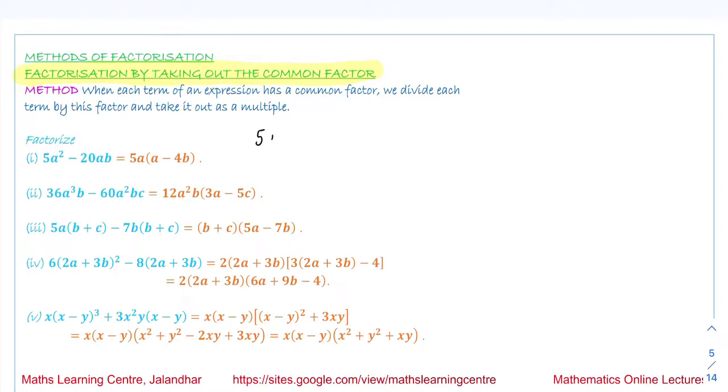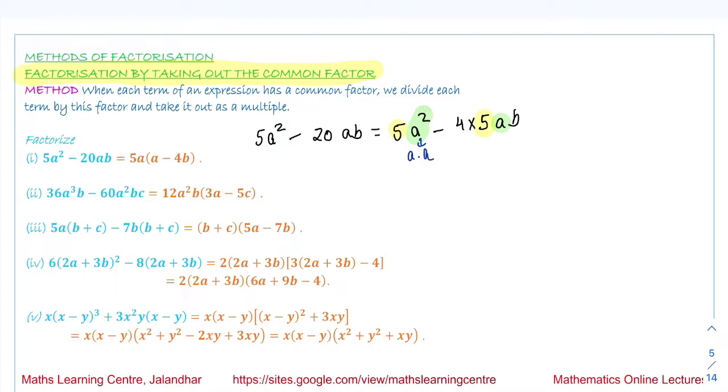The first one is 5a square minus 20ab. I can write it like 5a square minus 4 into 5ab. We see it is 5 over here and 5 in this term. Then we have a over here and a square over here. This a square we can write as a into a.